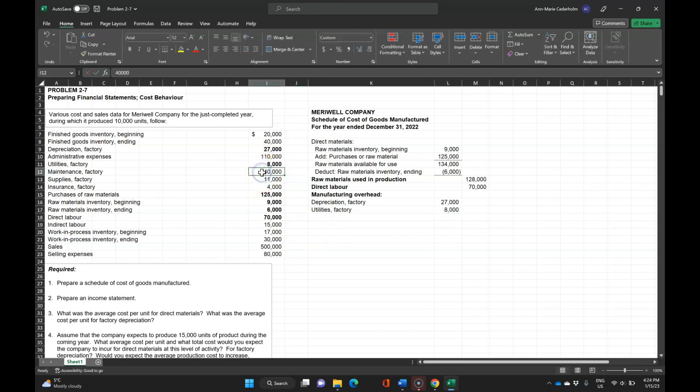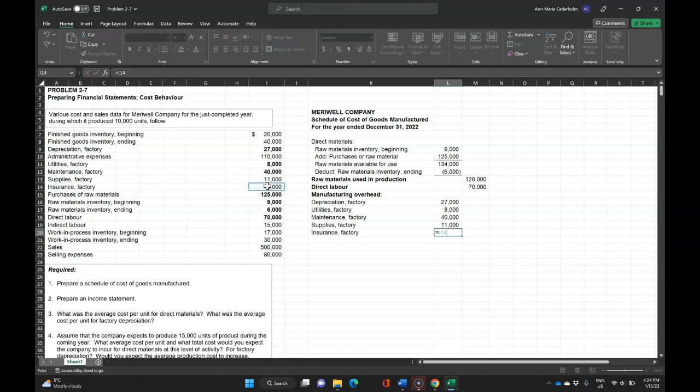Then I have maintenance factory, so I'll put that one in. I've got supplies factory, so I'll put that in. I have insurance factory, so we'll include that. Indirect labor, that is a manufacturing overhead amount.